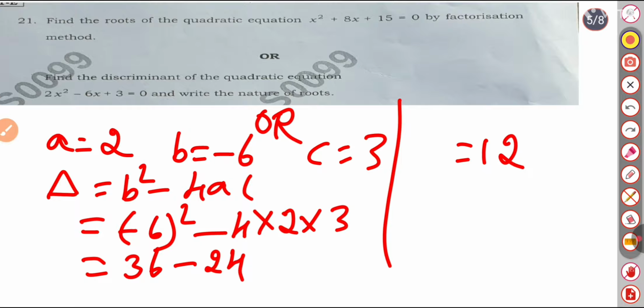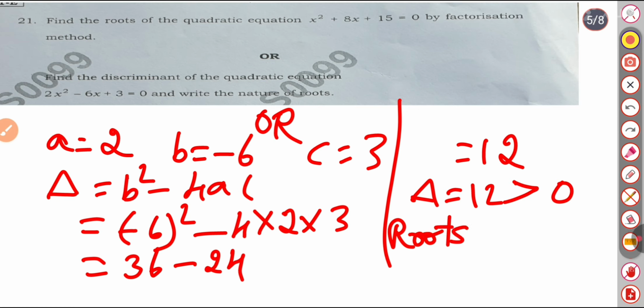We got the delta value as positive, 12, which is greater than 0. If it is greater than 0, the roots are real and distinct.